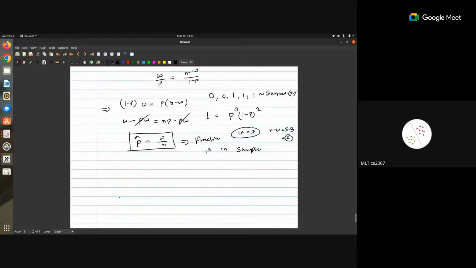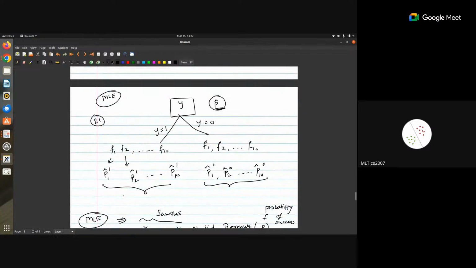So in our case, when we ask how to find the probability of success for this class Y, this actually says it is the fraction of ones in the labels. How many positive classes are there in the labels?